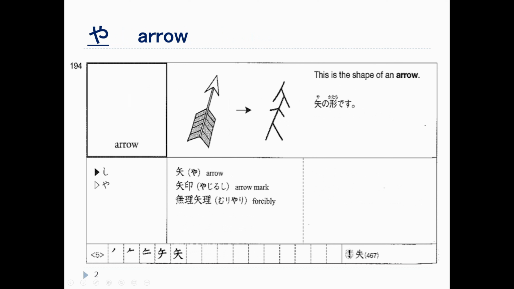Our next kanji, ya, is not one that we will use very often, but it is a part of a lot of other kanji, which is why we will introduce it here today.